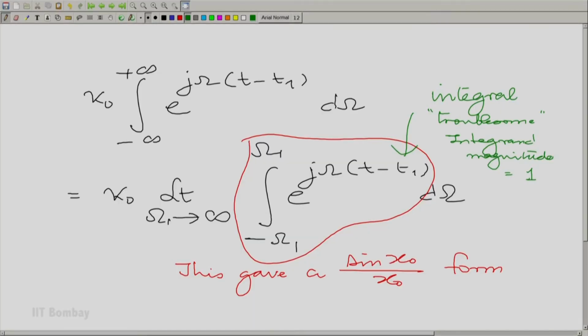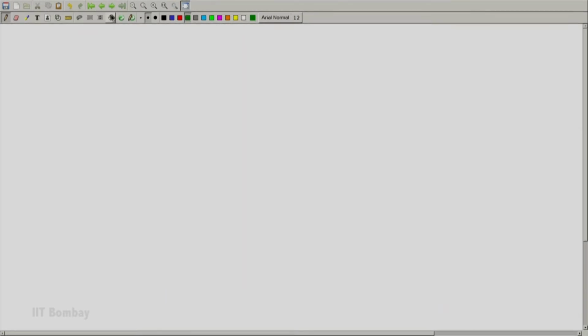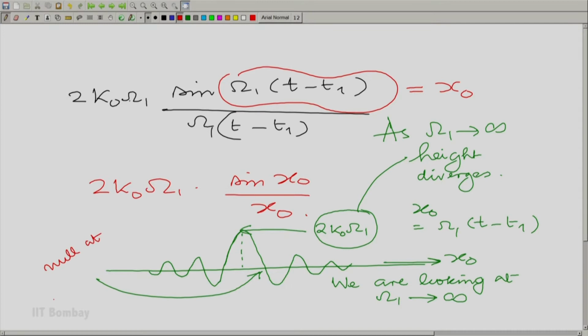Now let us look at the integral as we evaluated. So here, as omega 1 tends to infinity, this height also diverges. Where is this null? That is also important. The null occurs at omega 1 into (t minus t1) equal to pi.